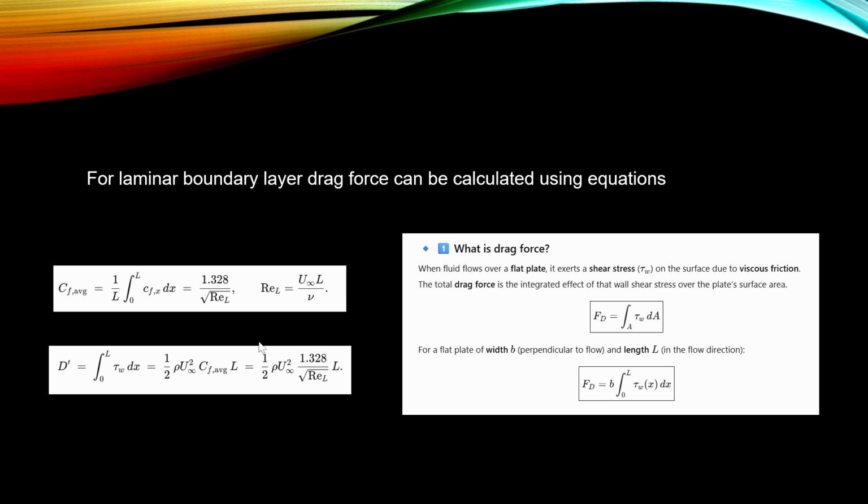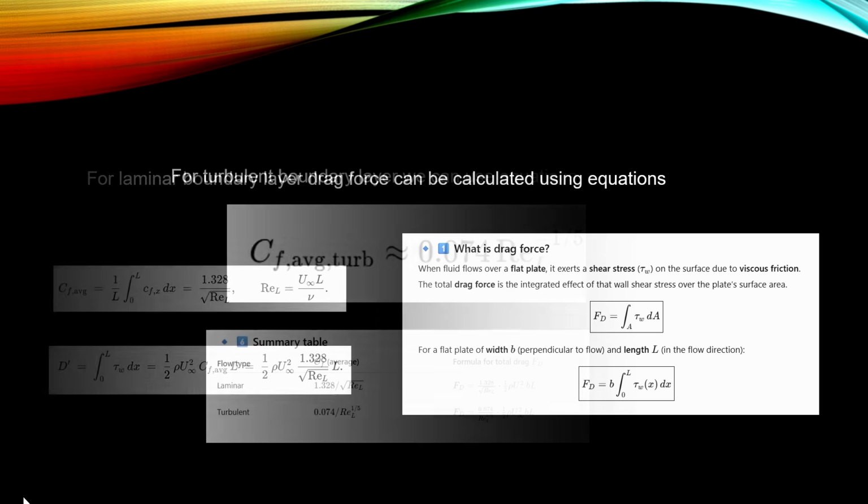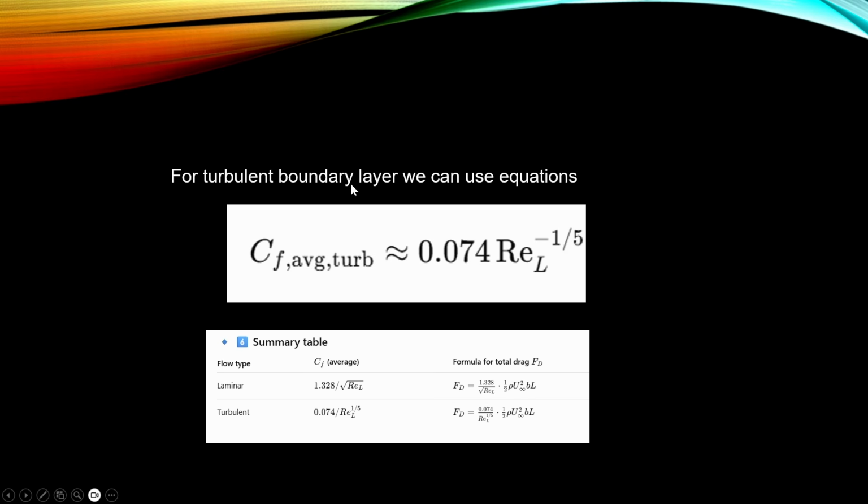And here you have a function for how you can calculate that for the laminar flow case. If you have a turbulent boundary layer, you can use this average surface friction coefficient. And here is the summary table of how you can calculate this drag force for laminar and turbulent cases.